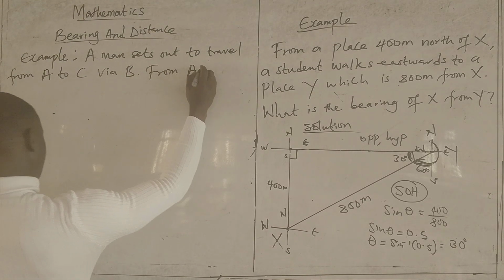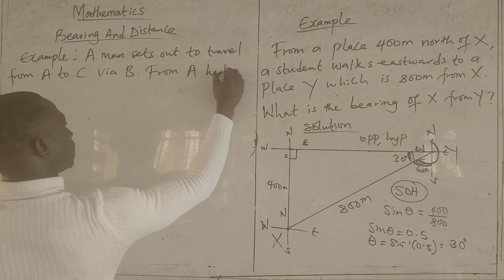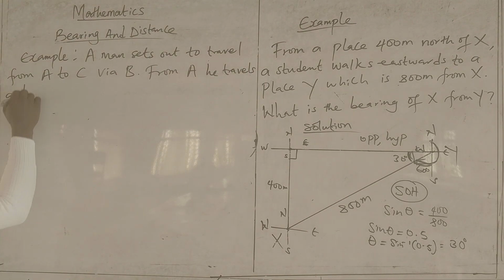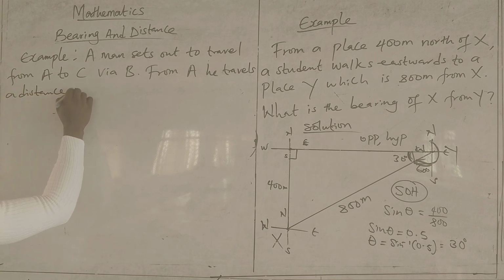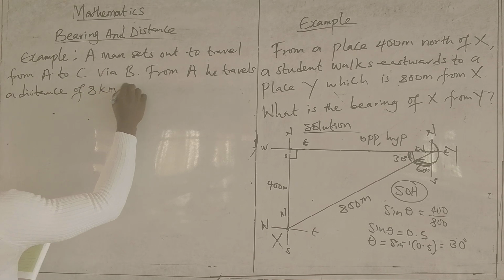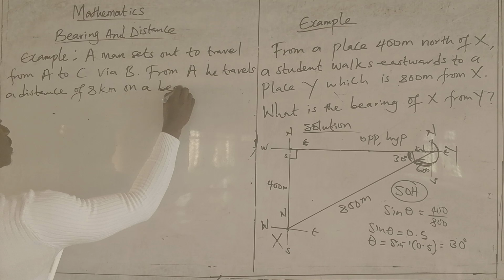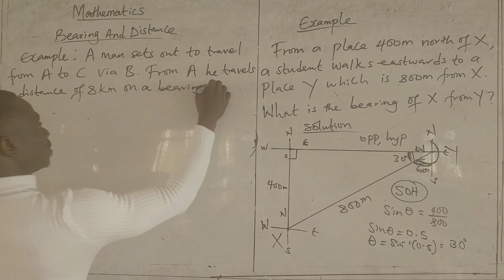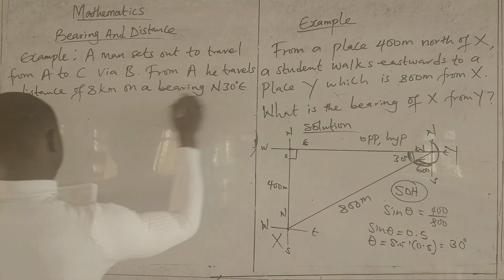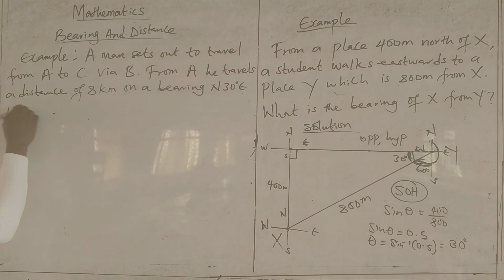Then from A, he travels a distance of 8 kilometers on a bearing 30 degrees east of north to B. Full stop.